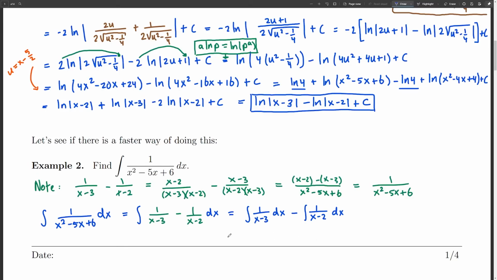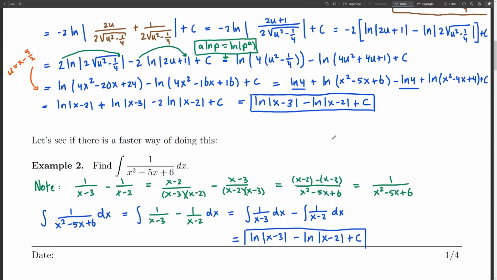And by a simple u substitution, u equals x minus 3, you end up with 1 over u du, and the antiderivative of 1 over u is ln of the absolute value of u. So the first integral is ln of the absolute value of x minus 3, and the second integral will give us the natural log of the absolute value of x minus 2.